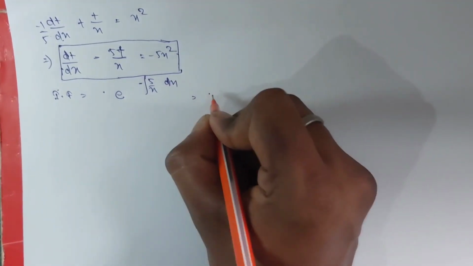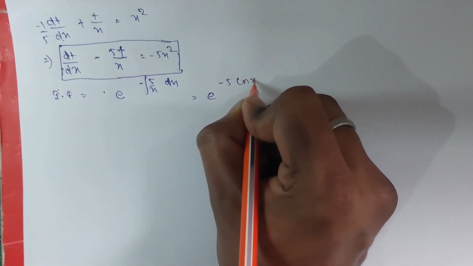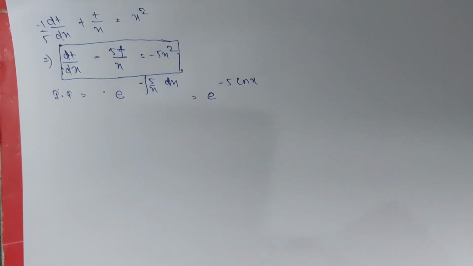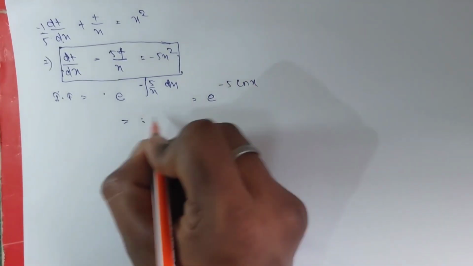So it becomes e to the power minus 5 ln x, which equals 1/x to the power 5.